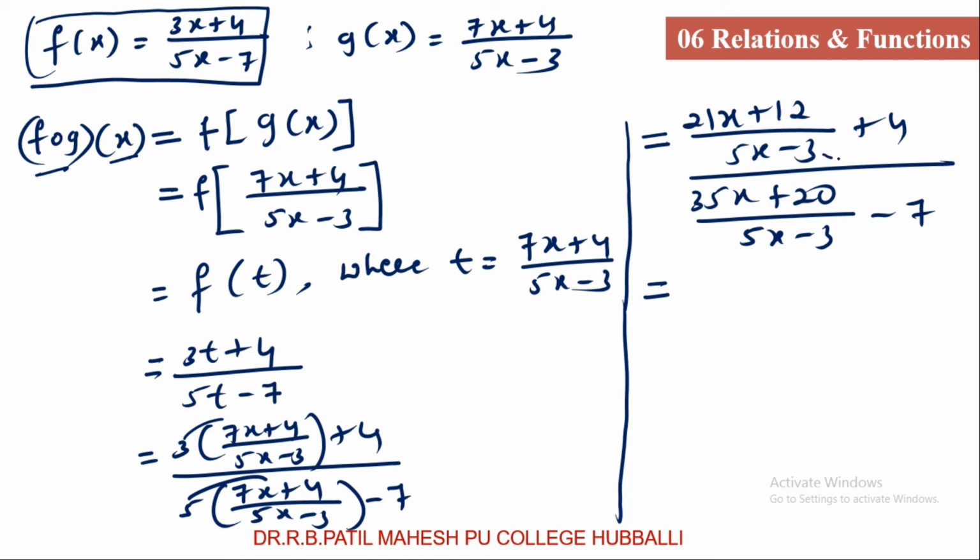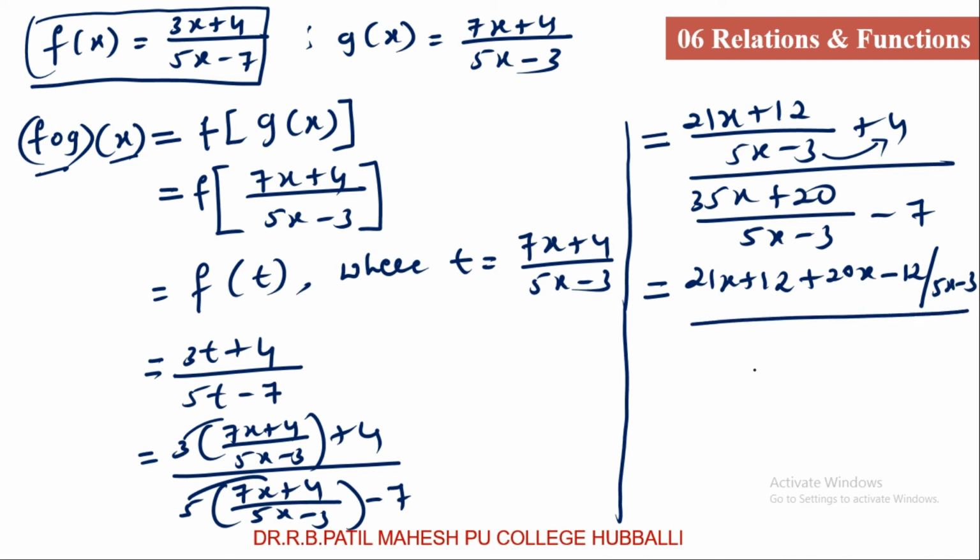Taking LCM, 21x plus 12 remains as it is, and 4 into 5x is 20x, minus 4 into 3 will be 12, upon, don't forget in the denominator, 5x minus 3, divided by, again LCM, 35x plus 20 remains as it is, minus 7 into 5 is minus 35x, minus into minus plus, 7 into 3 will be 21, divided by 5x minus 3.